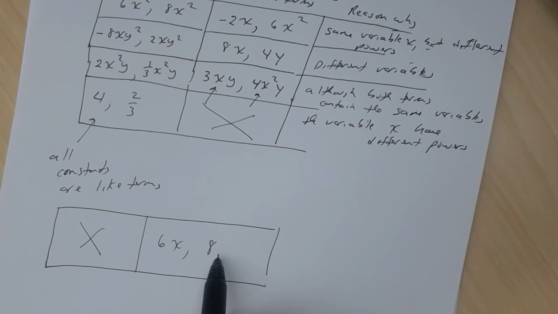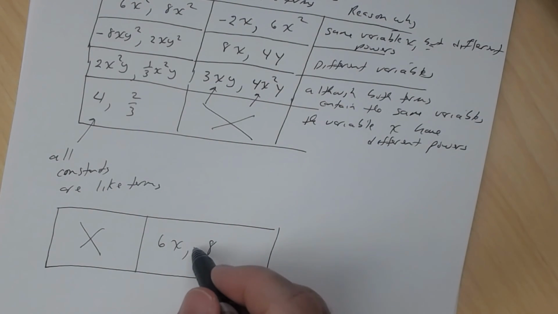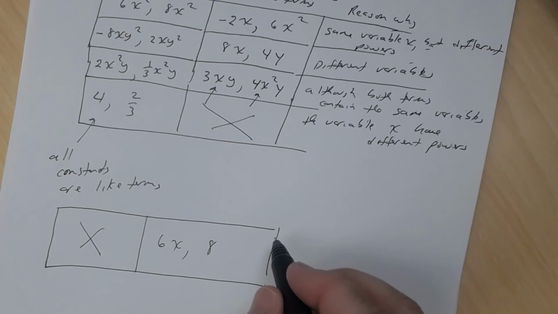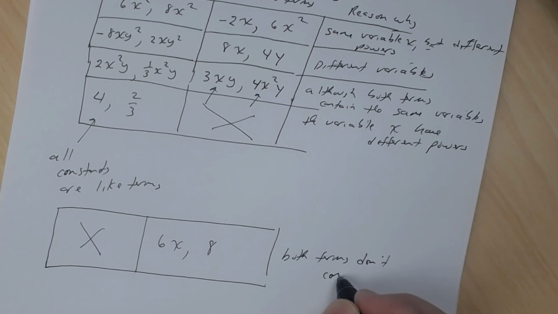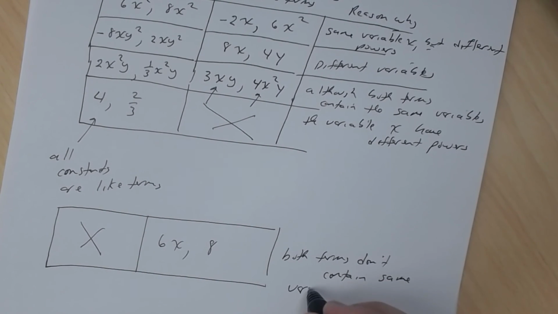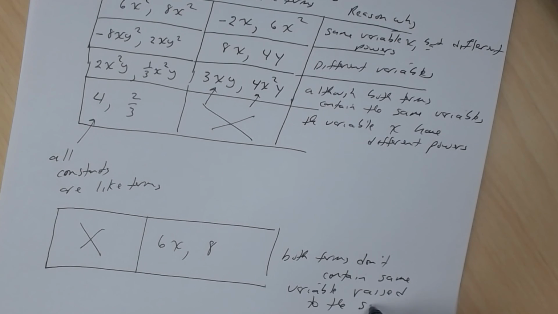This has the variable x. This is a constant, so it doesn't have the variable x. So these are not like terms. These are unlike terms, since both terms don't contain the same variables raised to the same power.